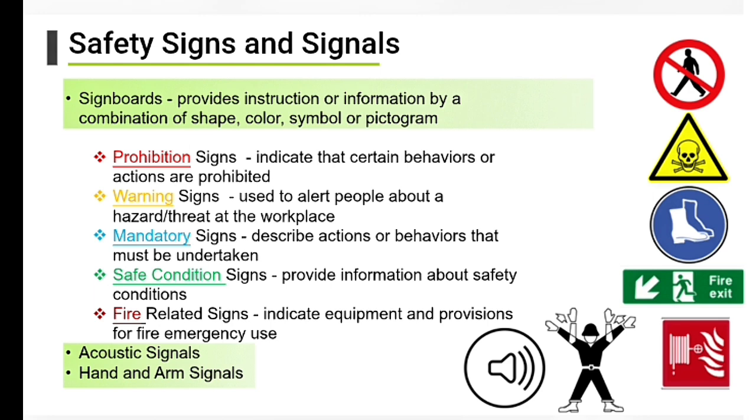Safe condition signs offer information about safety conditions, and fire-related signs indicate equipment and provisions for fire emergency use. Additionally, there are also acoustic signals and hand and arm signals, used for auditory and nonverbal communication in specific contexts, each with its unique significance. These signs and signals play a crucial role in promoting safety and conveying important messages in various environments.